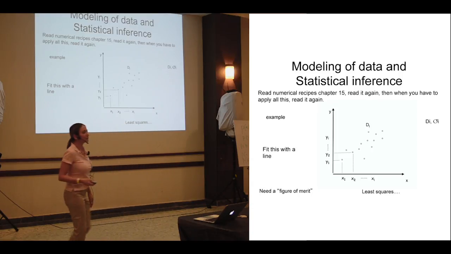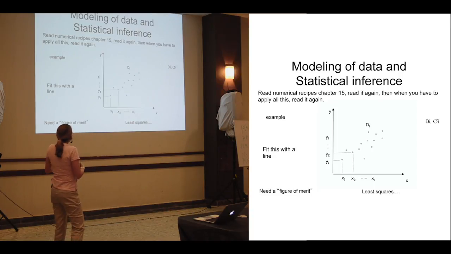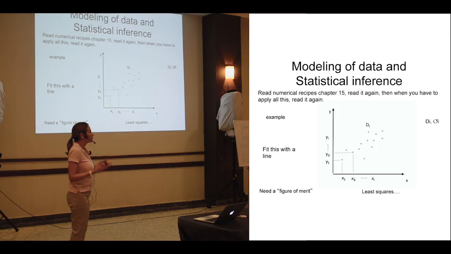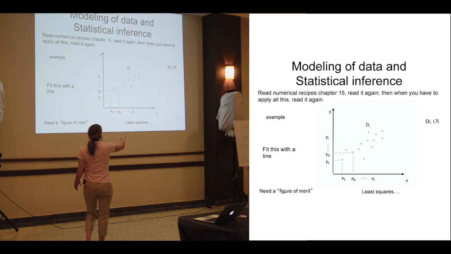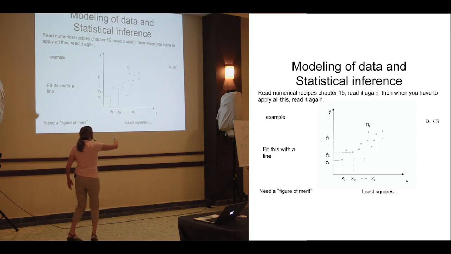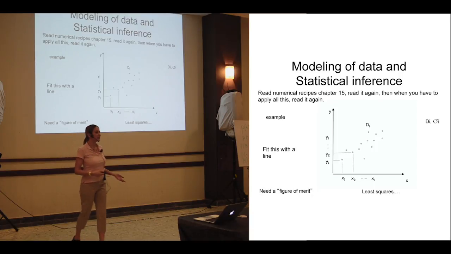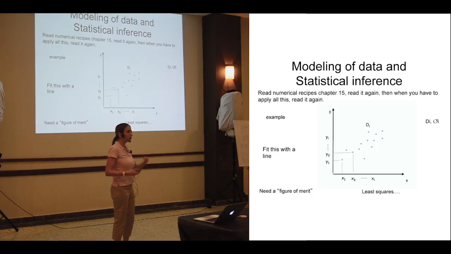Okay, so you say, I do least square, and so you do least square, but then you also need some sort of figure of merit. Imagine some data has got a very large error bar, and some other data a very small error bar. You may want to consider those two data points a little bit differently. If one has a bigger error bar and one has a smaller error bar, not all data points are created equal.